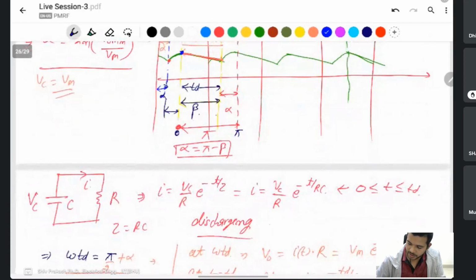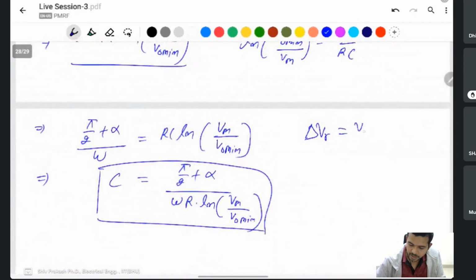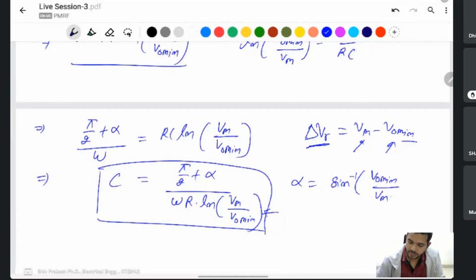Then this one is the delta Vr, you can say Vm minus V output minimum. You can calculate V output minimum from here, and this one is given, Vm is also given, V output minimum you can calculate, and putting the value here, alpha you can also calculate as sin inverse of V output minimum divided by Vm.